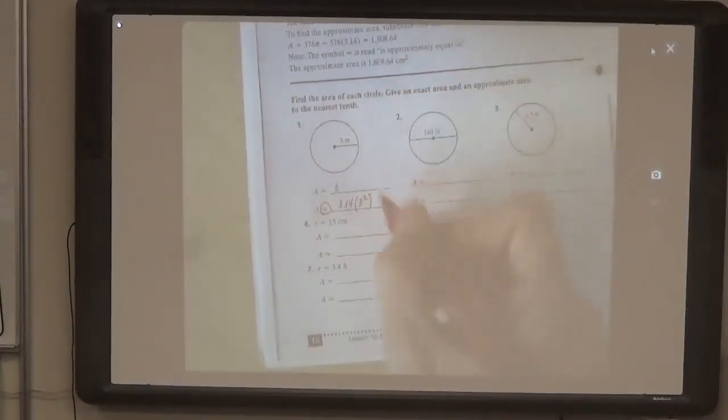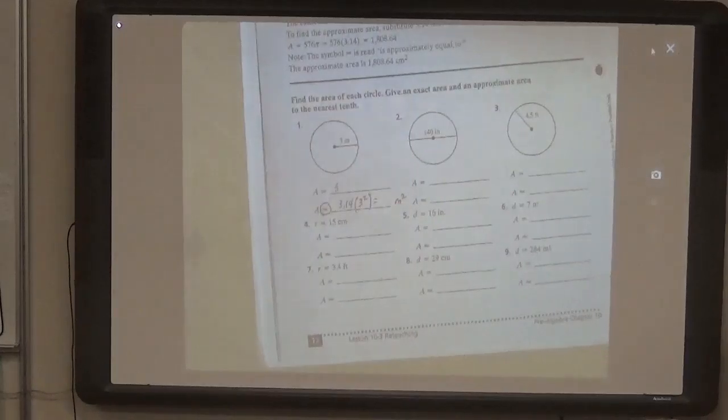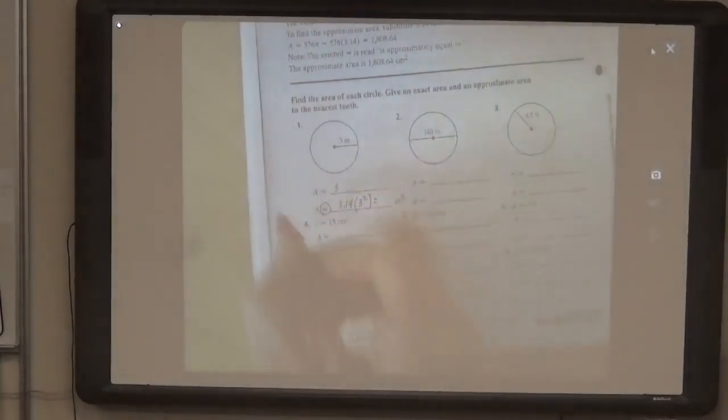Okay? And then write your answer in meters squared. So 3.14 times 9. What's 3.14 times 9? Caleb? 28.26.